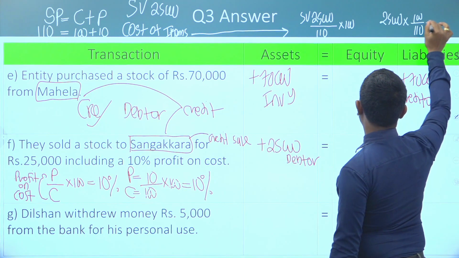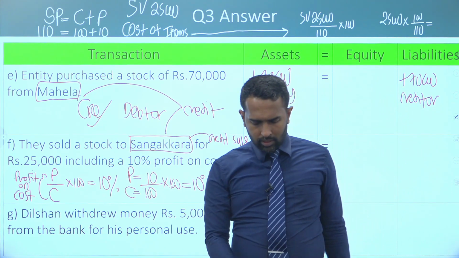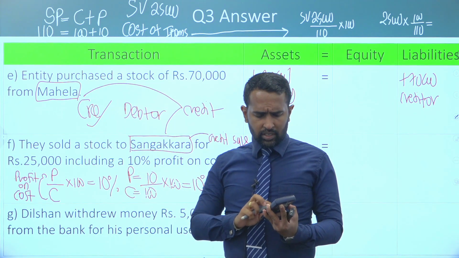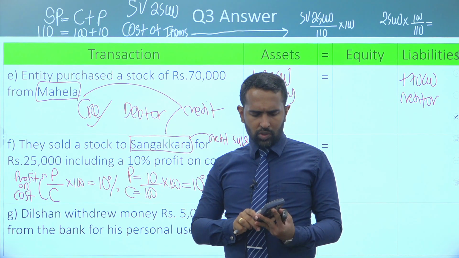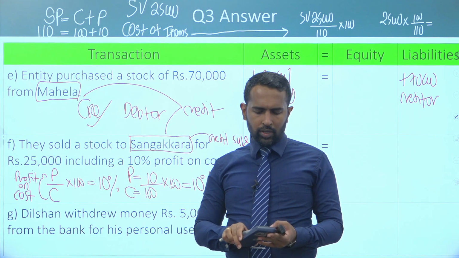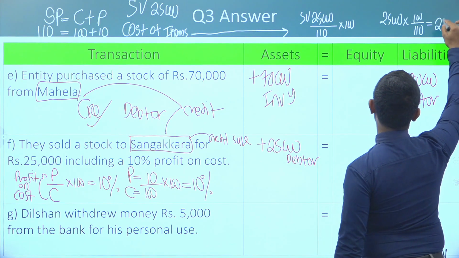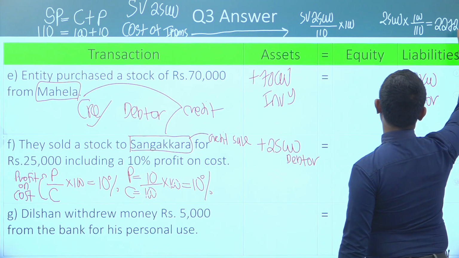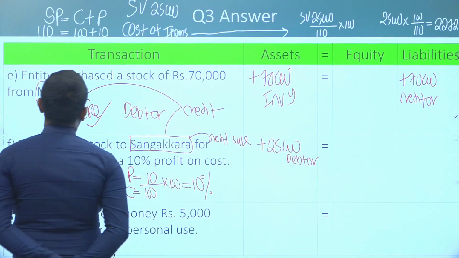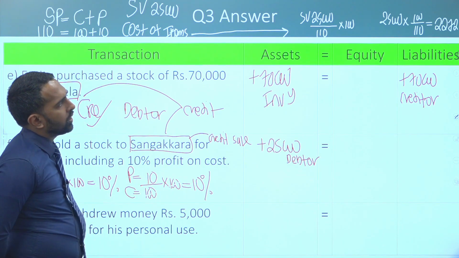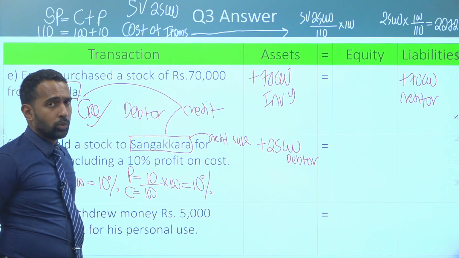I'm getting 22,727. Now you can see the total cost will come to 22,727.